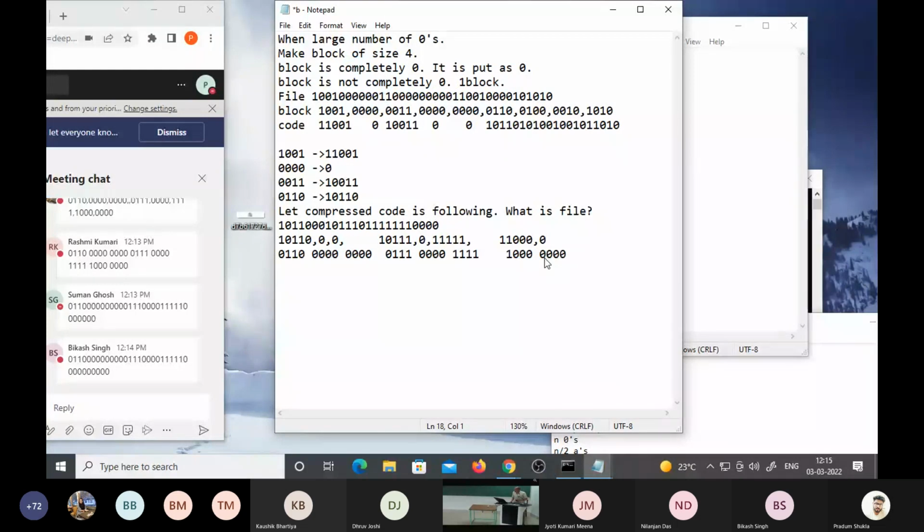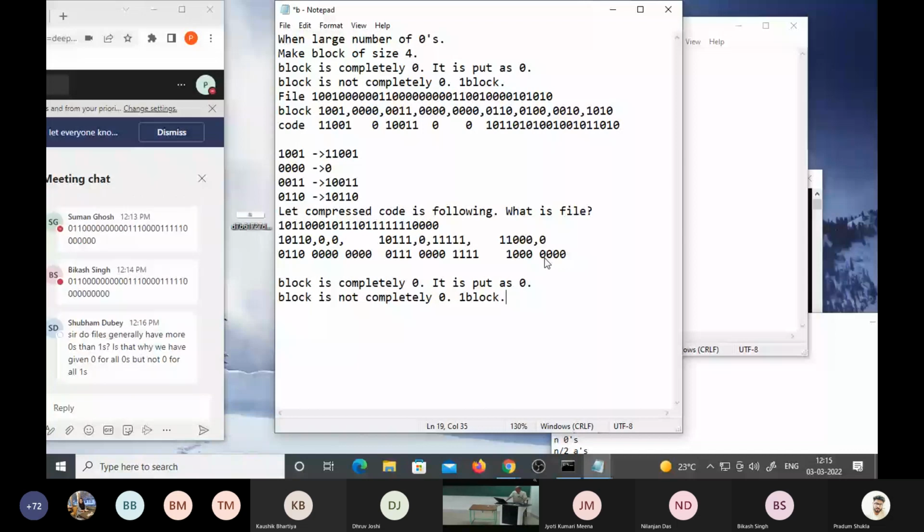Otherwise, we are going on to another scheme. You see, when a large number of zeros are there, then a block may be fully zero, but not once for all one.